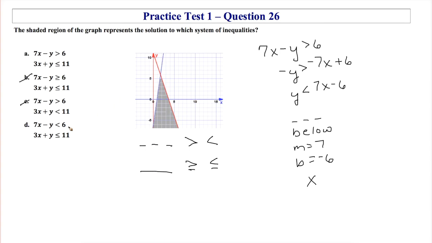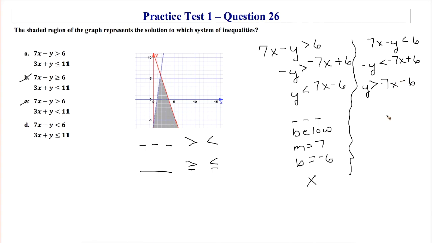So let's take a look at the inequality for answer choice D. That inequality is 7x minus y is less than 6. Solving for y, we get negative y is less than negative 7x plus 6. Dividing the whole thing by negative 1, again switching our sign, we get y is greater than 7x minus 6.